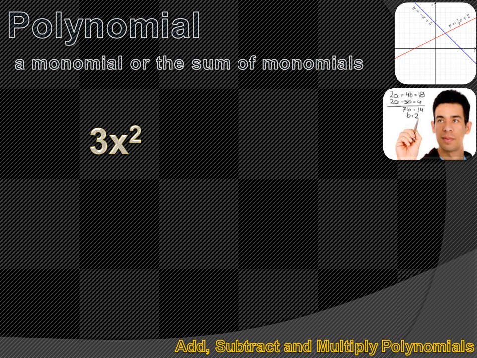3x squared is both a monomial and a polynomial. But it could have two terms. 3x squared plus 2x is two monomials or a polynomial. 3x squared plus 2x minus 12 is 3 monomials, or a polynomial.